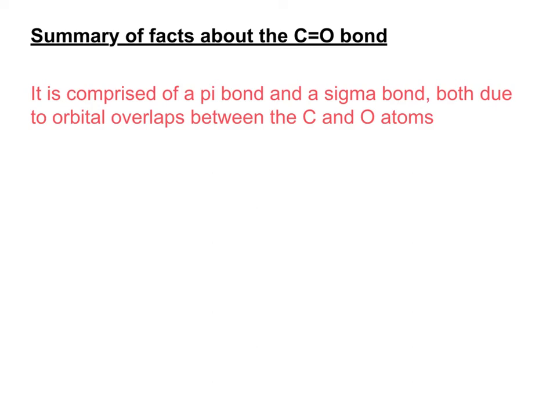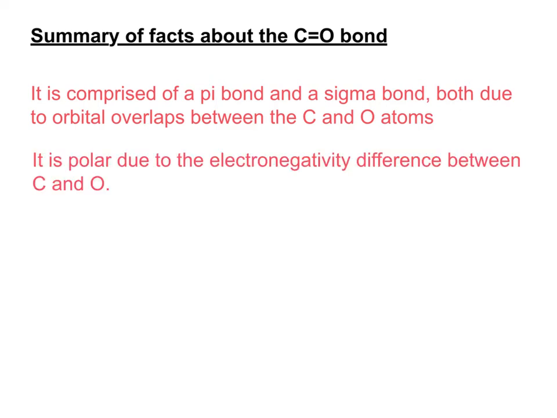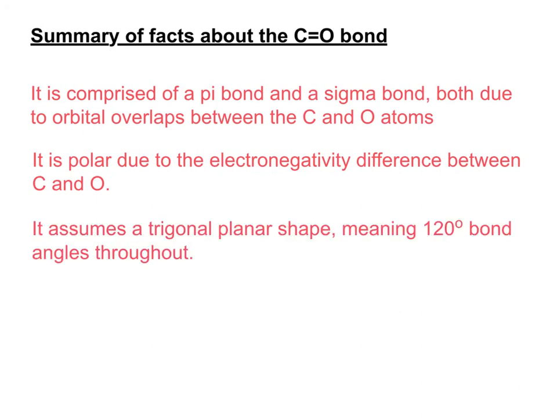So there'll be a pi bond and sigma bond, and both of these will be due to s orbital overlap or p orbital overlap, depending on which part you're talking about. The next thing to remember is it's a polar bond, and thirdly it takes a trigonal planar shape, which means it has 120 degree bond angles. And finally, its chemical behaviour is dependent on the fact that it's polar.